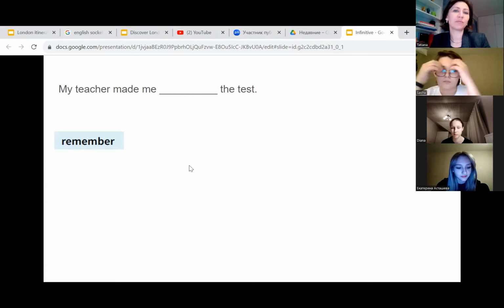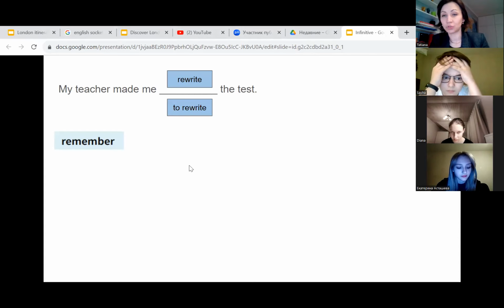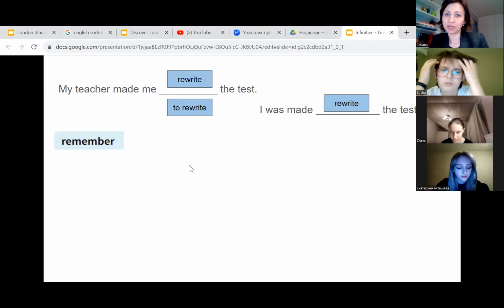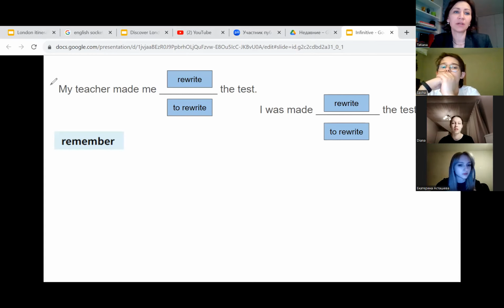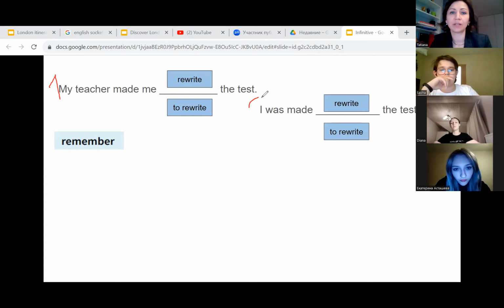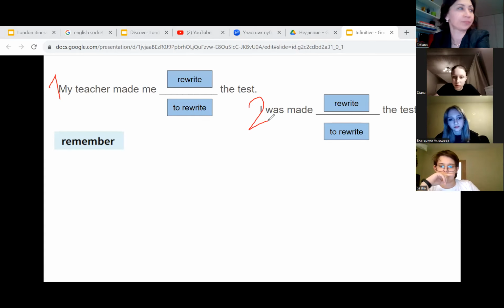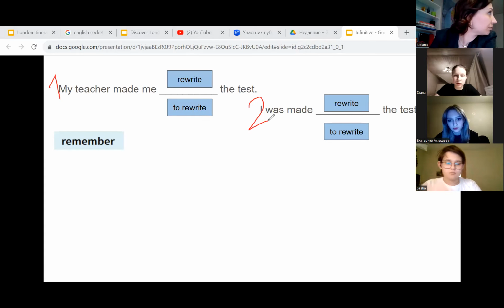So I want you to suggest the answer to me. My teacher made me rewrite or to rewrite the test. And the second idea, I was made to rewrite or to rewrite the test. Sentence number one and sentence number two. Can you send me in the chat the right choice for 1 and 2? What do you think?